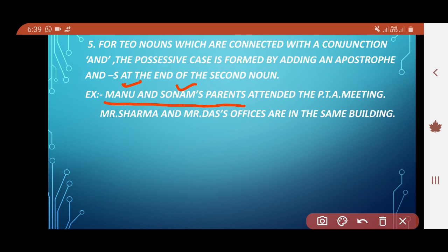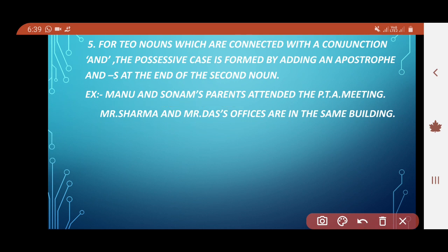In such a case, what will happen? The possessive case will be formed with the help of an apostrophe mark and an s at the end of the second noun. This is the second noun, yes or no? So in such a case, we can form the possessive case by adding apostrophe and s after the second noun.